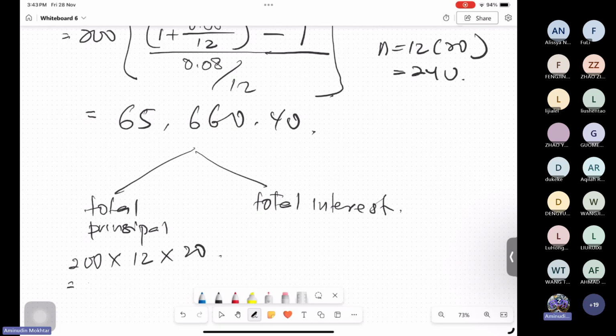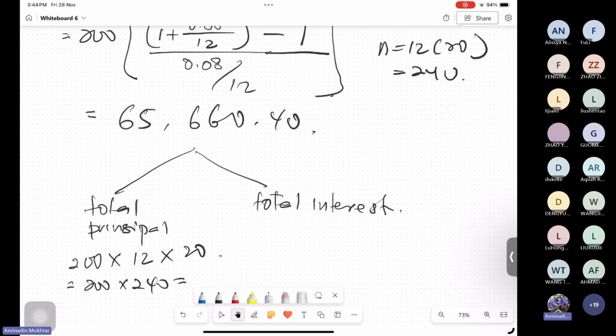This is equal to 200 times 240 months, because there are 240 months in 20 years. We get the product of 200 ringgit Malaysia, the money that you deposit every month, times 240.